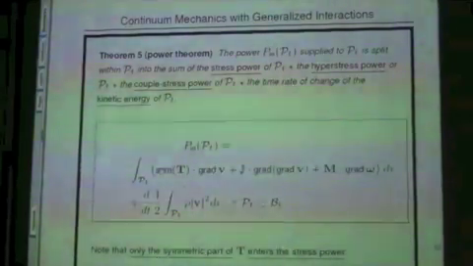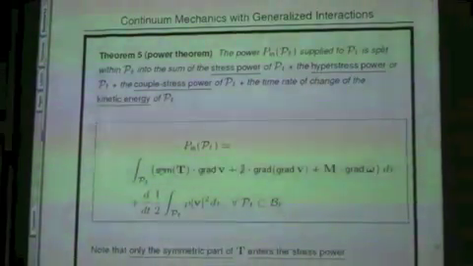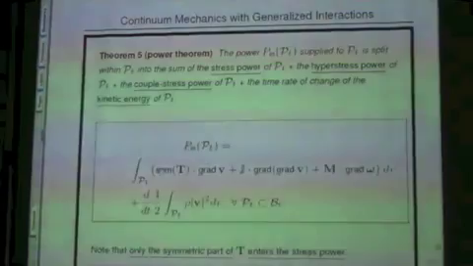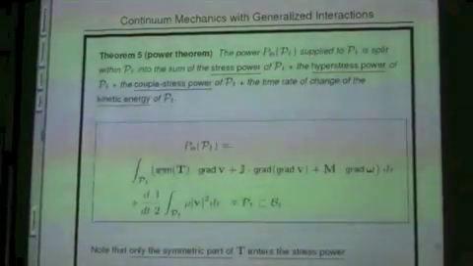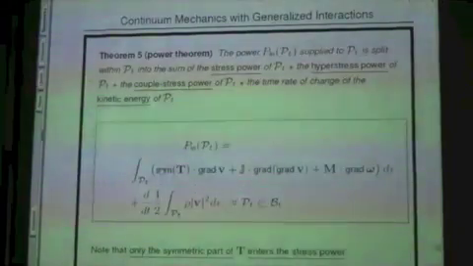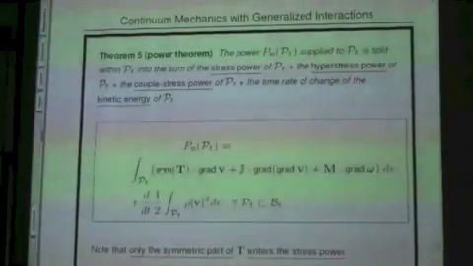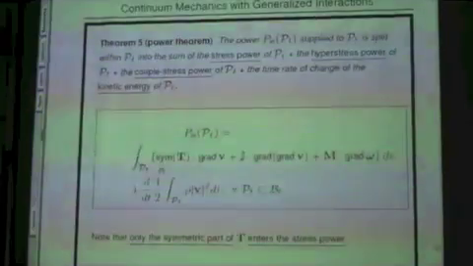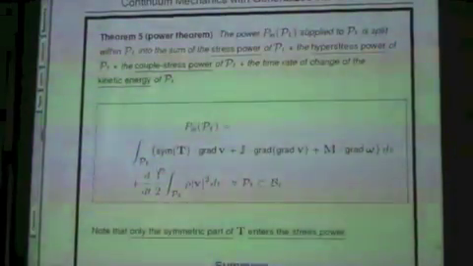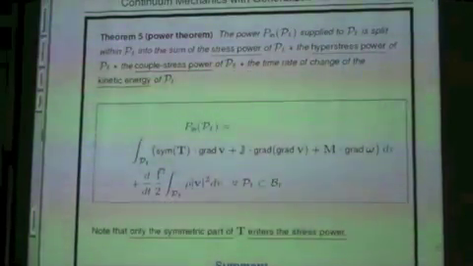There's the M, grad, the vorticity, that comes in. And then there's the rate of change of 1/2 rho V squared integrated, which is the kinetic energy. So that's the rate of change of the kinetic energy. And again, I stress that the symmetric part of T is what enters this power theorem automatically.